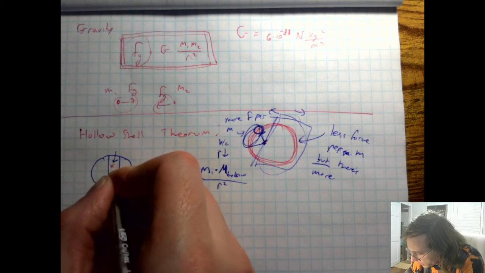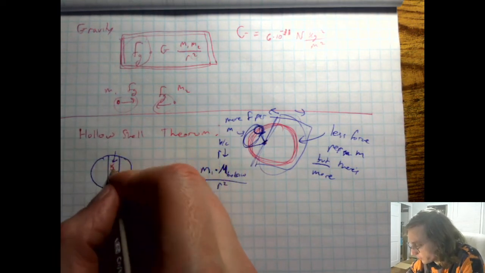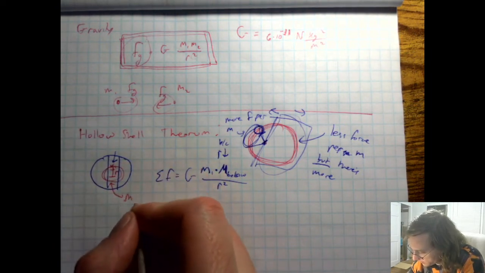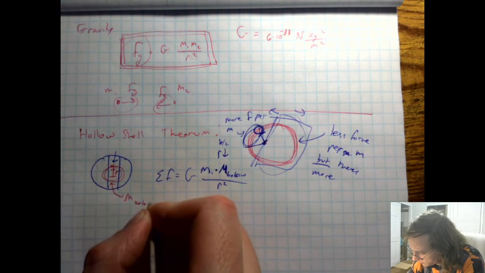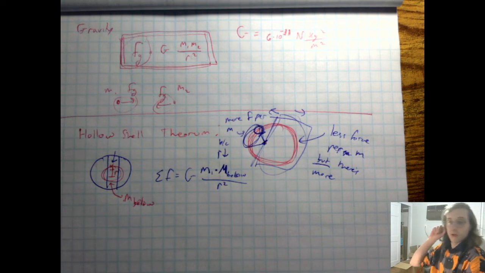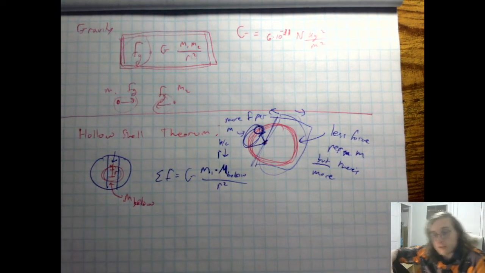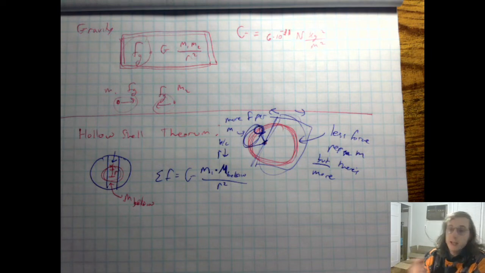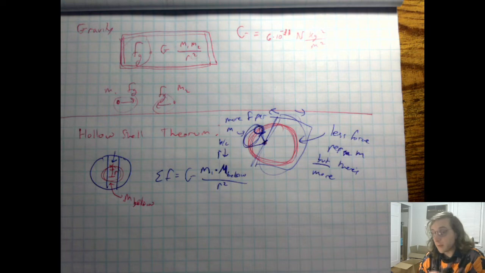So if we're at this point here, this is r, and this is our enclosed mass, or the mass that's below us. So the problem is, as r changes, the amount of mass that's below us changes as well. And so if we want to try to model how much force there is here, we're going to have to do it in such a way that we're being careful about how much mass is below us.